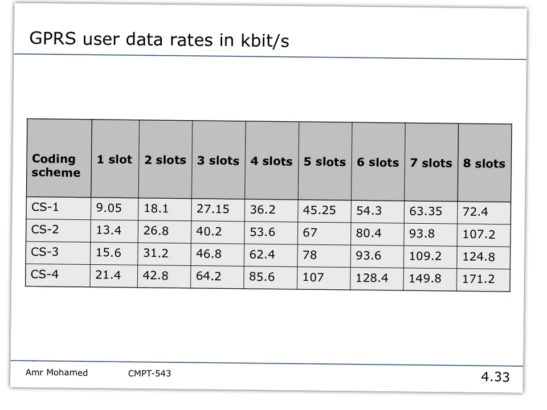As you go this way, you will see the data rates increasing using the same number of slots. Why? Because the coding scheme reduces the redundant bits, which means now I can correct a smaller amount of errors.